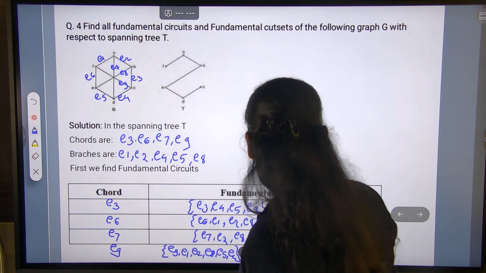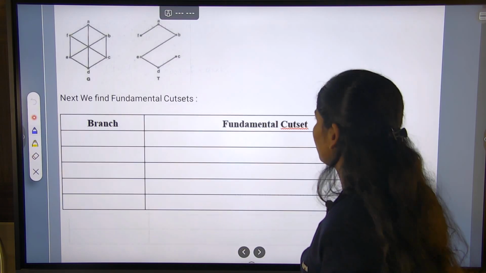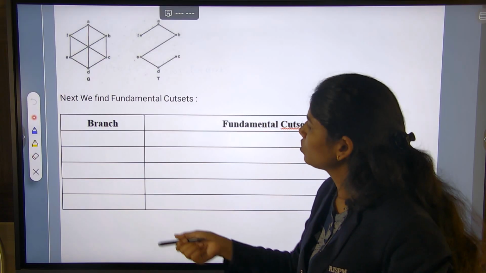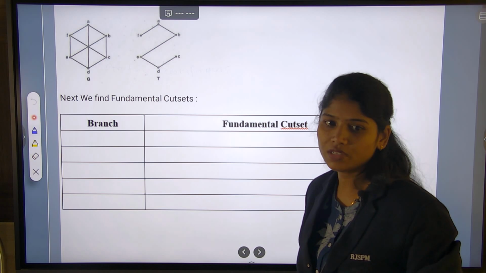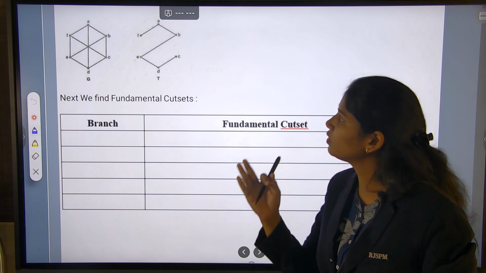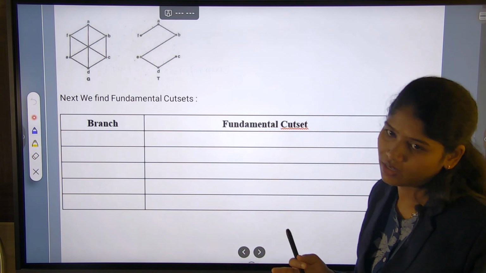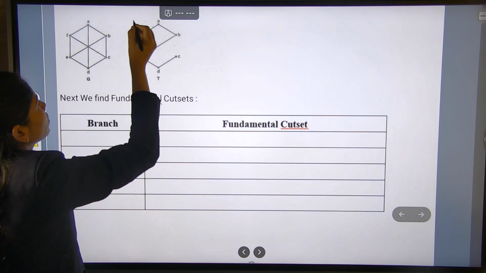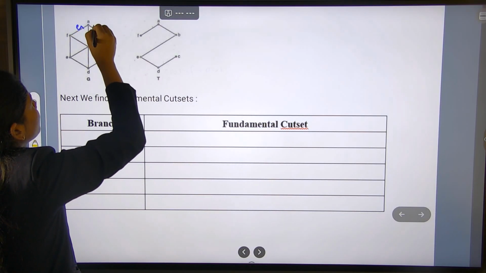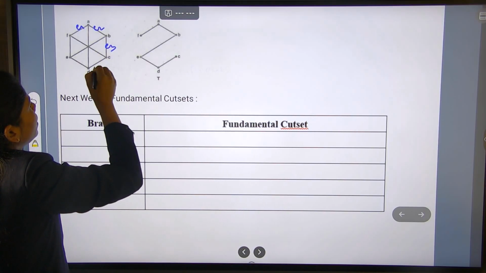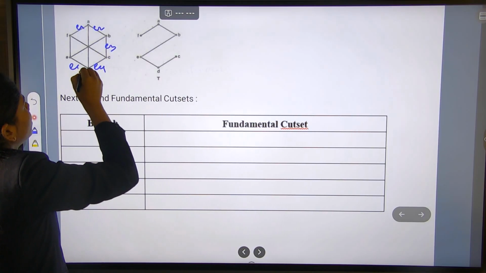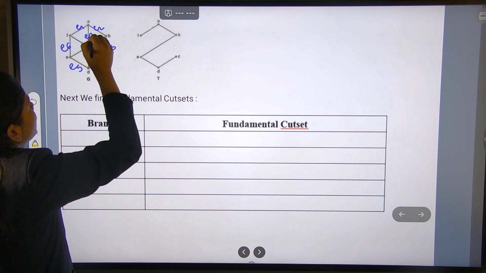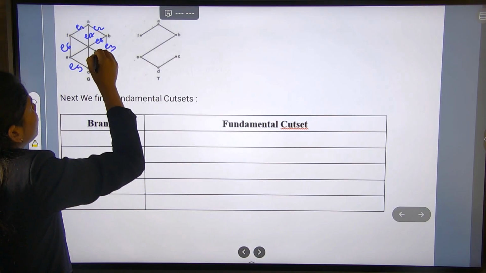Next, we need to find out the fundamental cut sets. So write down first the branches. Branches means what? The edges that are present in that graph. So names are not given here. E1, E2, E3, E4, E5, E6, E7, E8, E9.